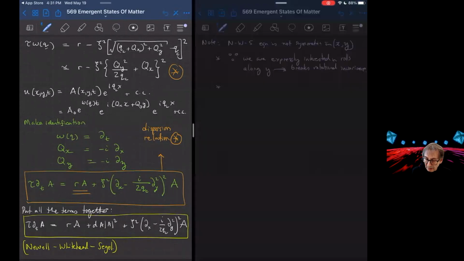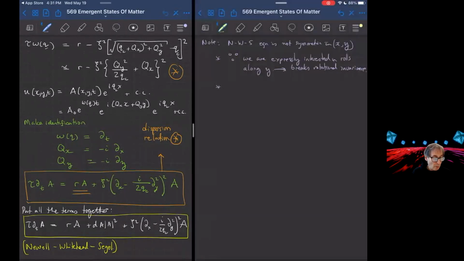And you might ask, well, can we write down a form of this that doesn't break rotational invariance? And so let me just say that there is a rotationally covariant form of this amplitude equation.